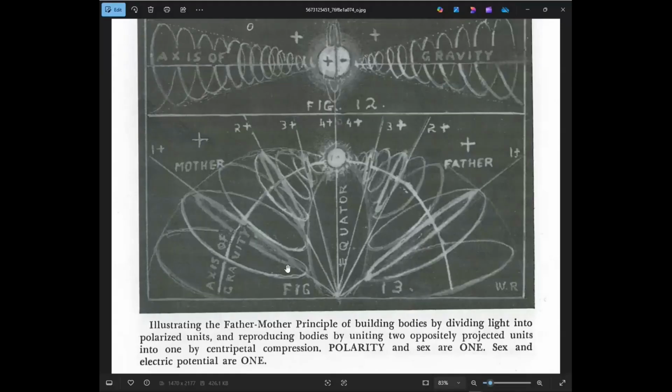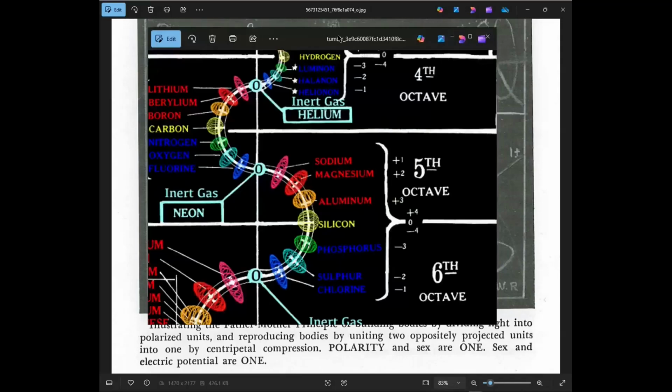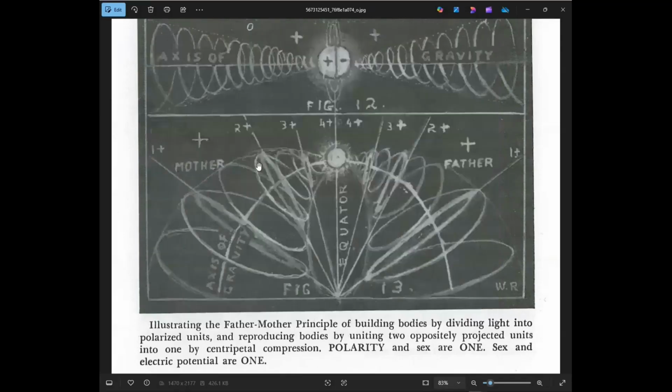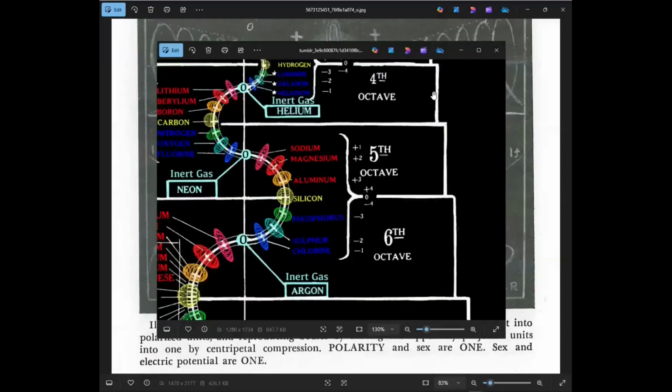He says that at these planes is where we will find what traditional science calls elements of matter. So one more time for the audience at home, we're looking here at two spirals, one spiraling up this way and the other spiraling up this way and meeting at the 4-4 position. And we're going to take it to the periodic table.